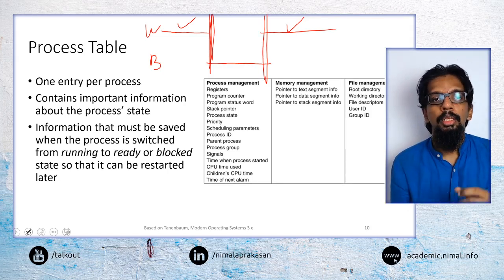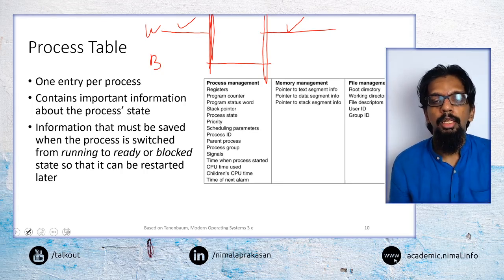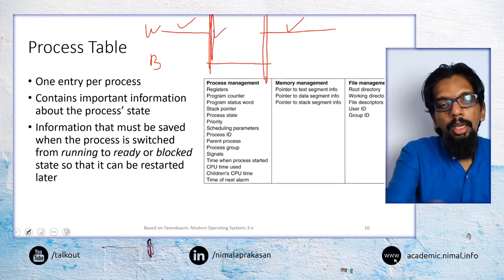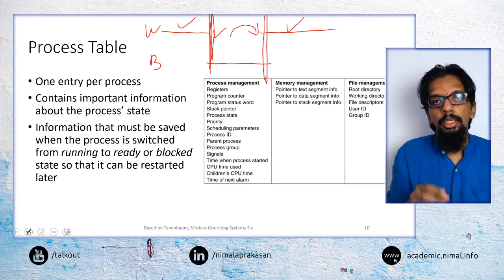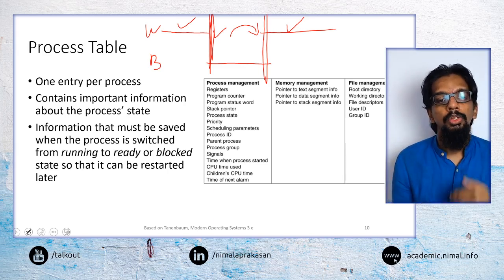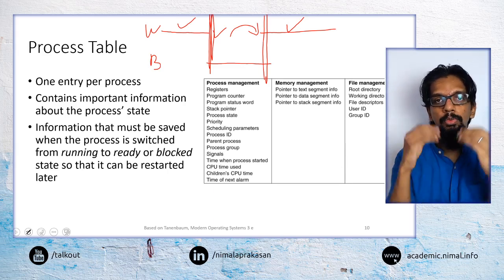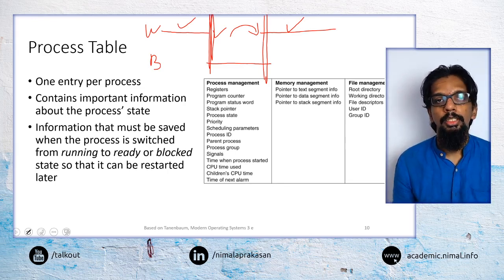Similarly, the process manager, the scheduler, needs to manage what has been completed in this process and restore that information so it can continue from where it left off. That activity is done by what is called a process table.